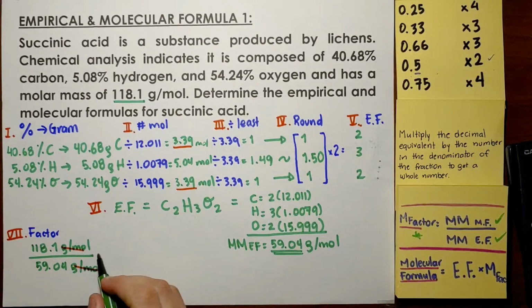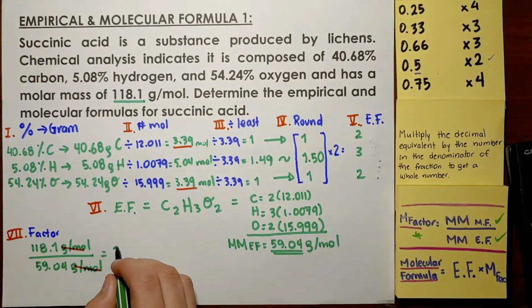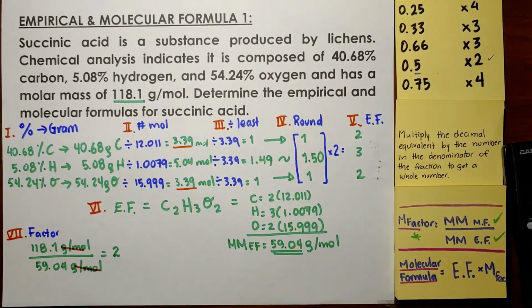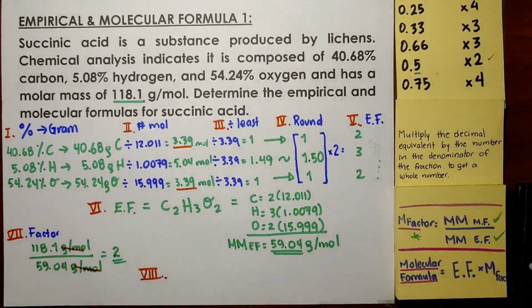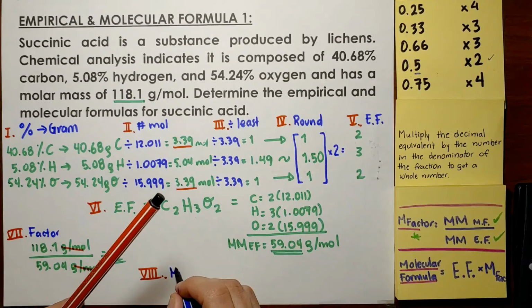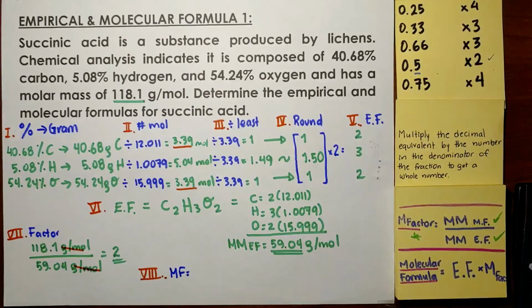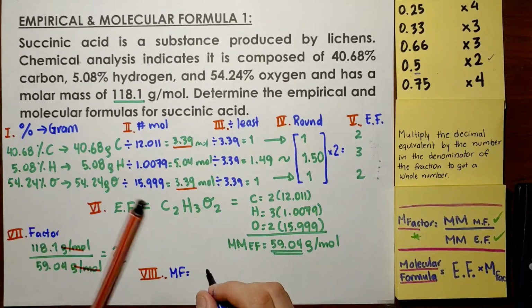So we're going to divide 118.1 by 59.04. Take a look. This factor gives me 2.0003. We're going to leave it as 2. And now in my last step, the 8th, the molecular formula. How can we get it? Empirical formula times the factor.